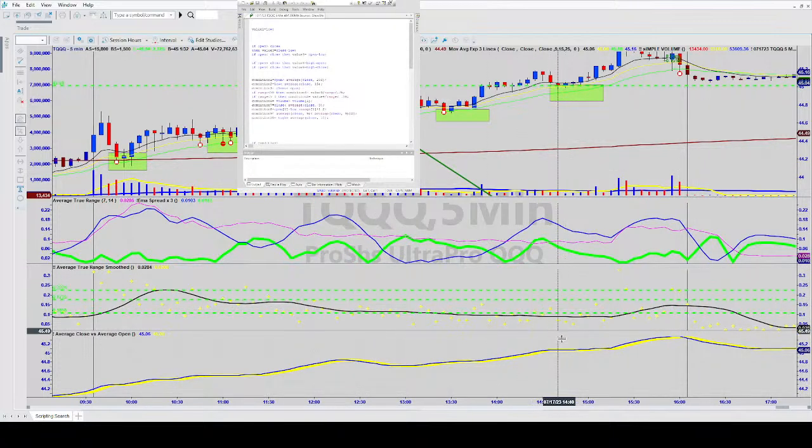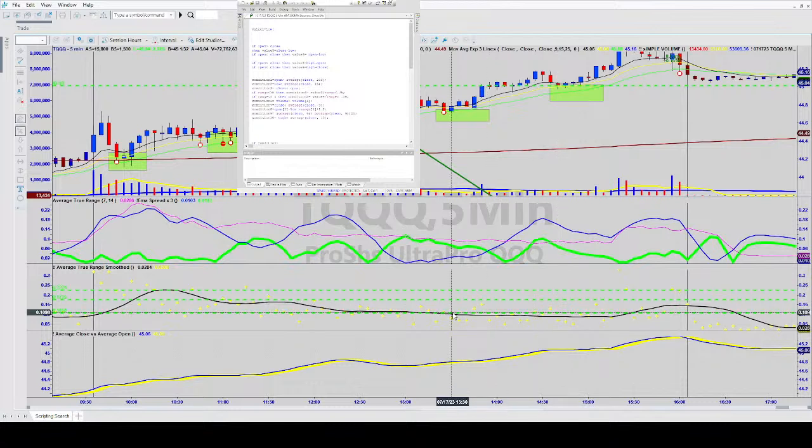Let's go back to the true range. It's under. There it's over. And there it's over. Here that is under.